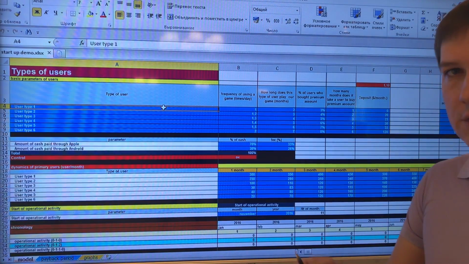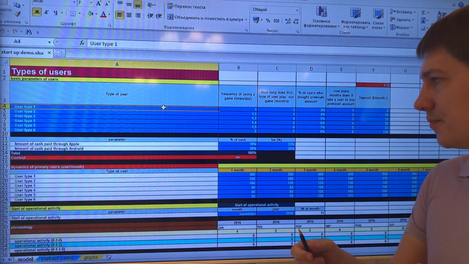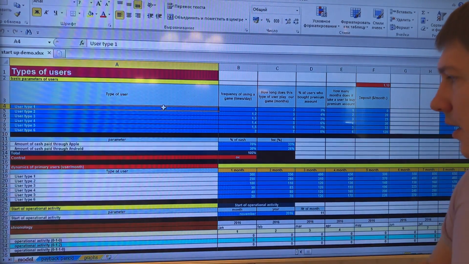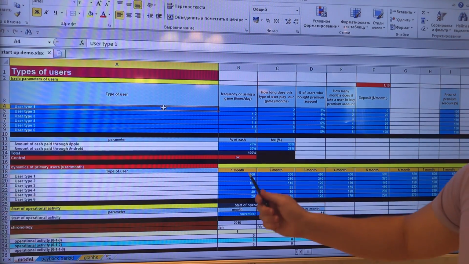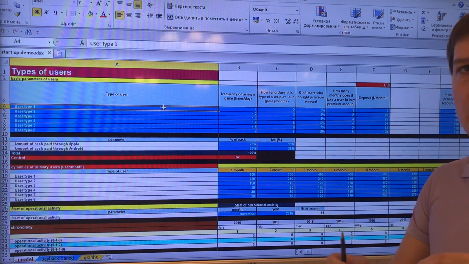These operational losses in startups play a decent amount of money. And when you build the financial model monthly, you are able to see the period and amount of operational losses.